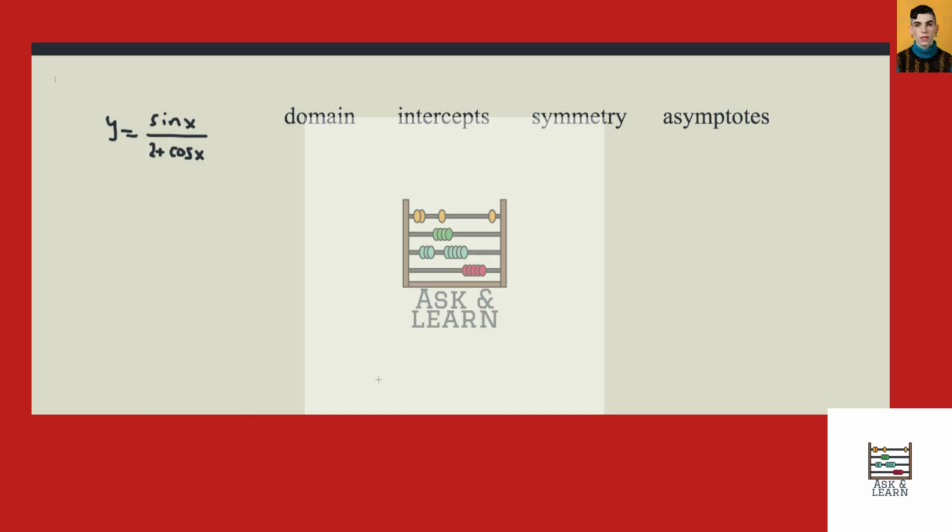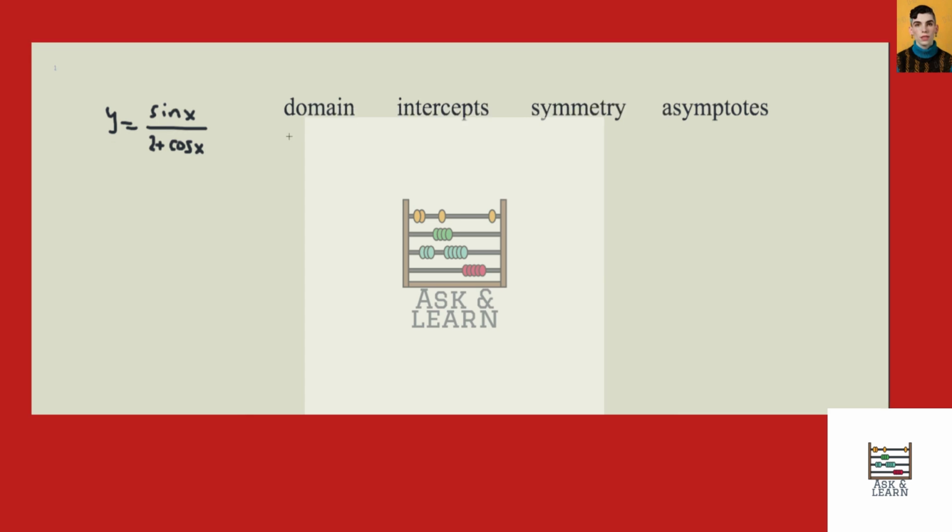The domain for this one is x is all real. The intercepts are 0, 0 is the easy one to see. In addition, we have pi, 0.